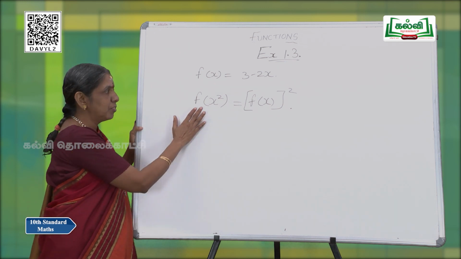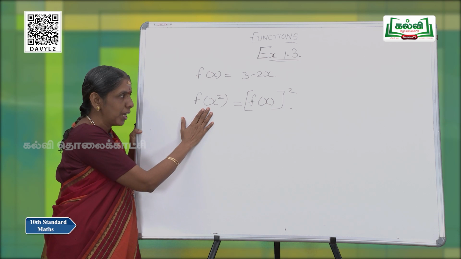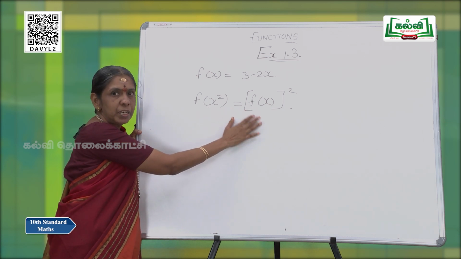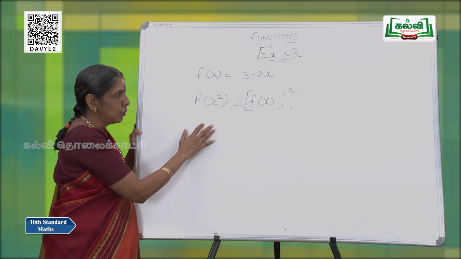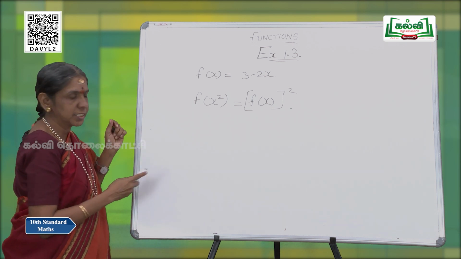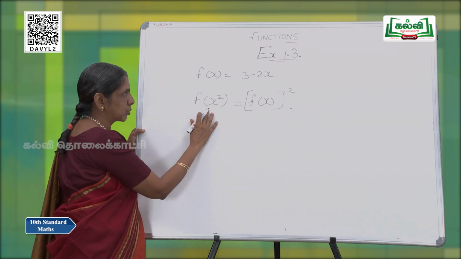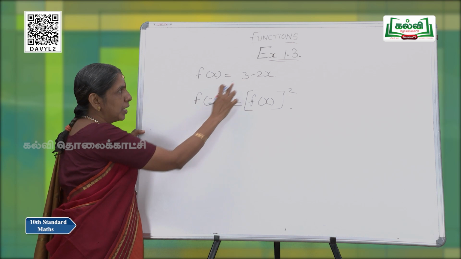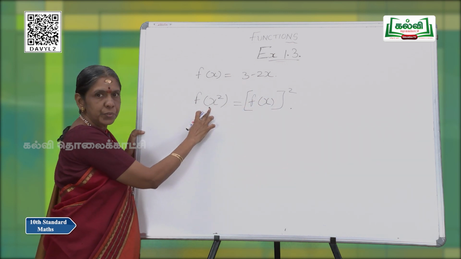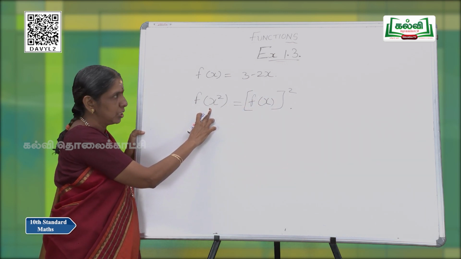First of all, you have to understand that f of x squared is different from f of x the whole squared. Now, let us see the sum, then you will understand. What is f of x squared? F of x squared means wherever you have x, you have to replace x squared in the functional value.